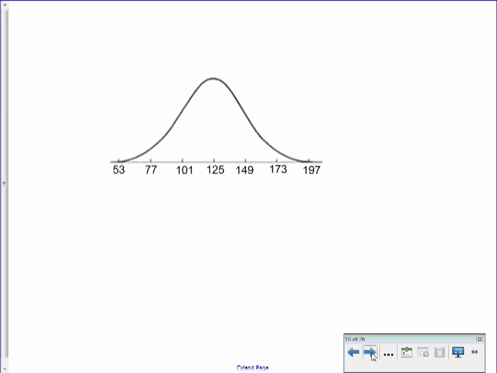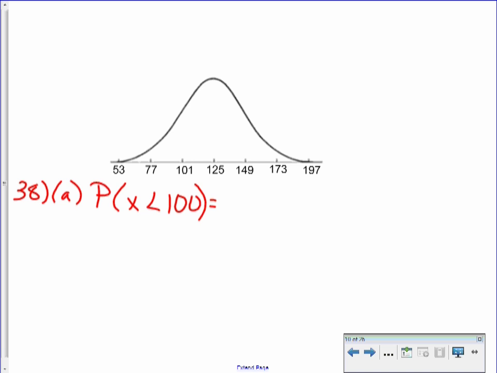Alright, so question A then says, what is the probability random sixth graders read less than 100 words per minute? So we want to determine the probability that they have less than 100 words. And so, of course, first thing I'm going to do now is color in less than 100.